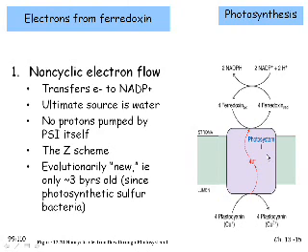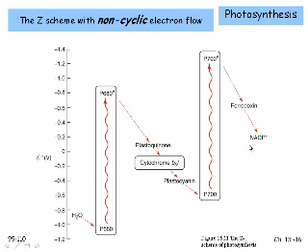The whole combination of photosystem 2, cytochrome B6F, and photosystem 1 is called the Z scheme. It's a relatively new one, meaning only 3 billion years old, because it's something that the blue-green algae came up with, and it looks like this.